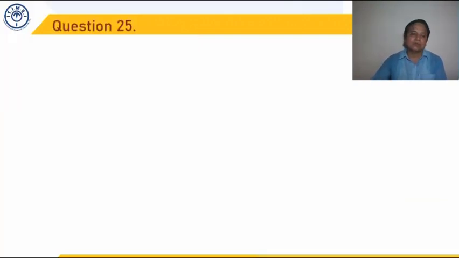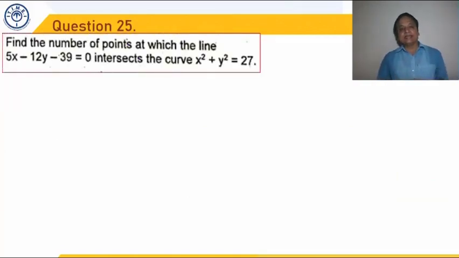Now moving to question number 25 of the handout. It says find the number of points at which the line 5x minus 12y minus 39 equal to 0 intersects the curve. Now this curve is a circle, equation of a circle with center 0, 0 and radius root 27.